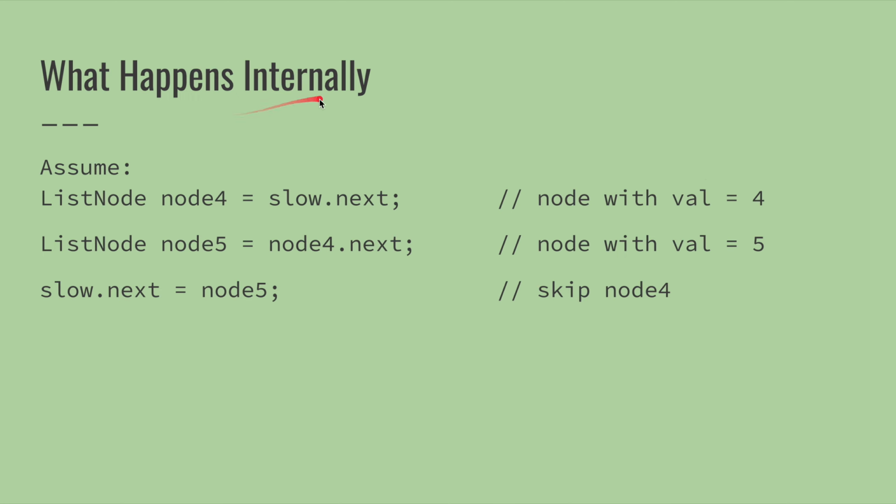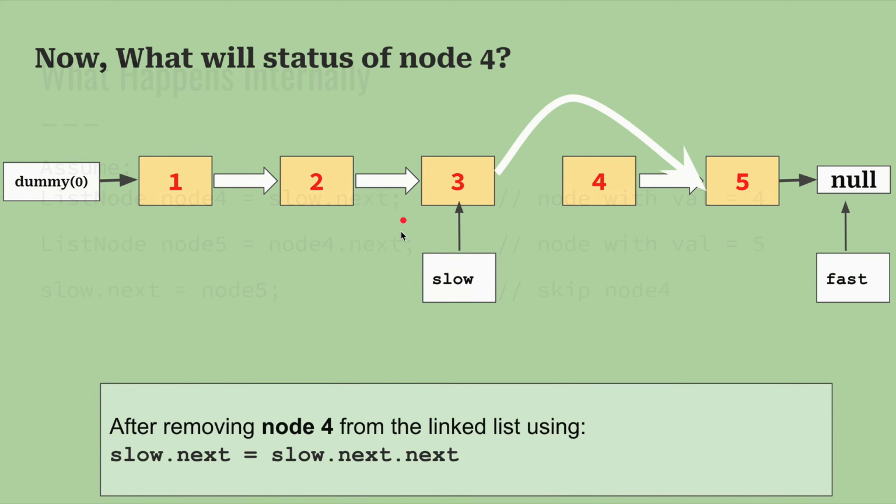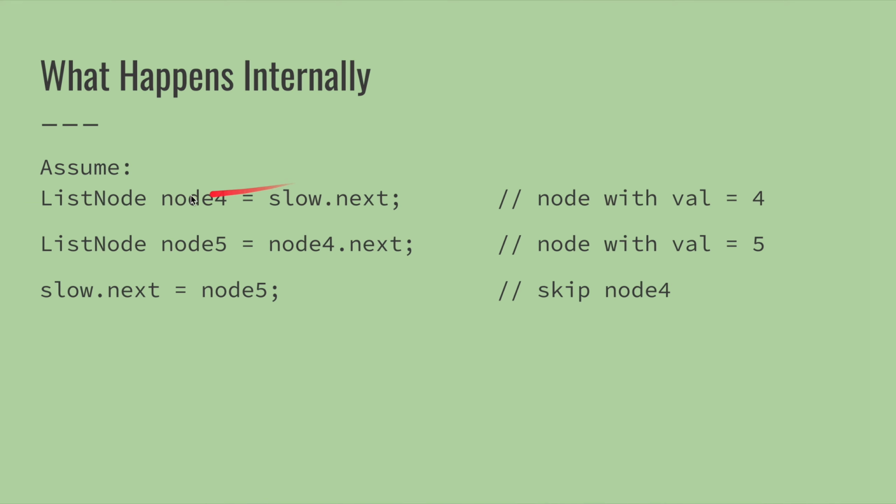So what will happen internally? Let's assume node 4 is slow.next, correct? Slow is here, so slow.next is node 4. If we talk about node 5, what is that?